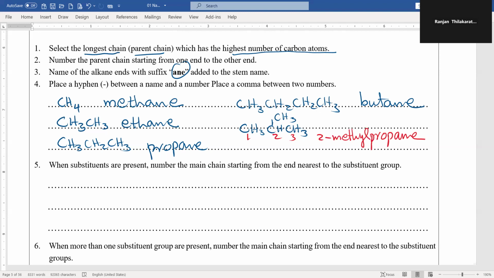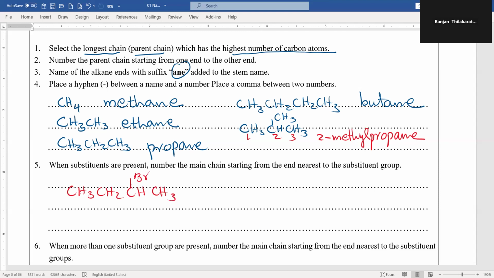Next one, when substituents are present, number the main chain starting from the end nearest to the substituent group. Again, if you have CH3, CH2, CH and CH3, and here you have bromine, then you can choose the longest chain having 4 carbons.